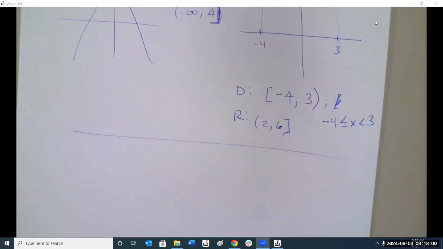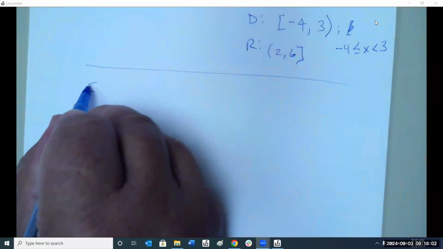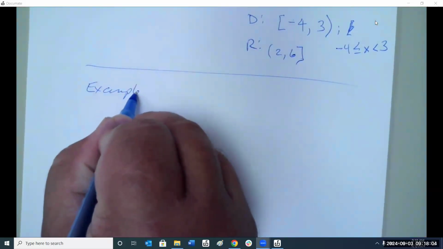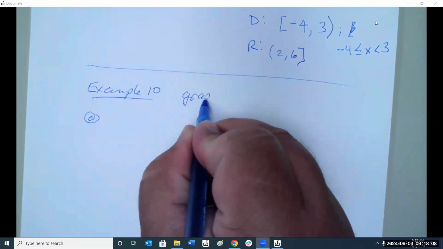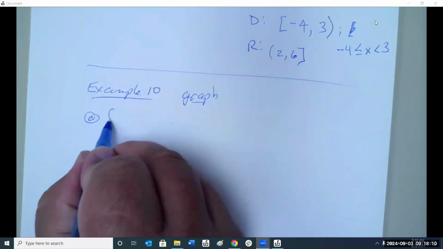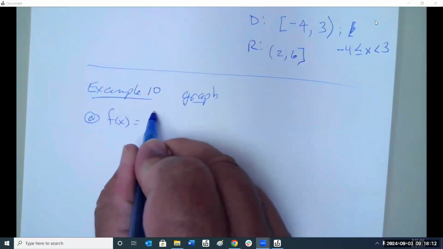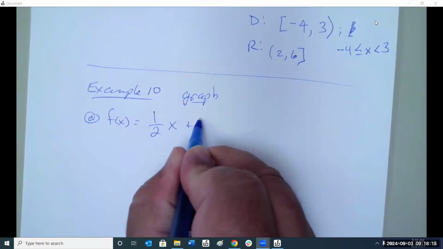Okay, now we have some graphing to do. Graph these. One over 2x plus 1.